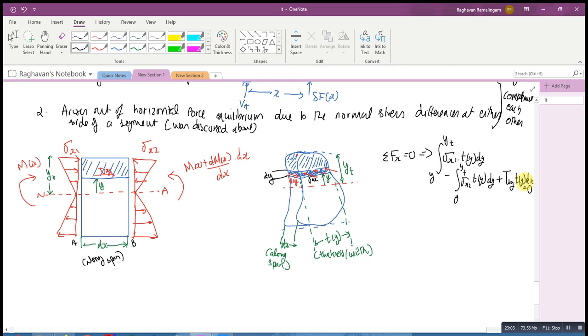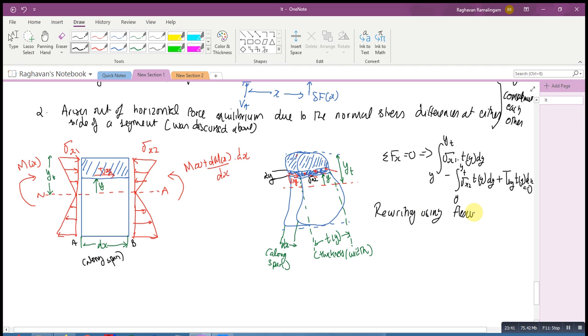So t of y into dx is nothing but the area; I mean tau xy into dx is your shear at this point, and this acts along this much width t of y. So tau xy times dx, times however much thickness t of y.